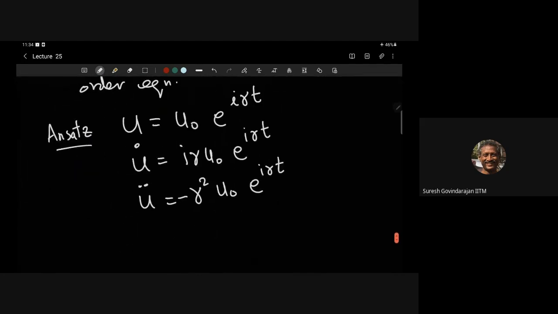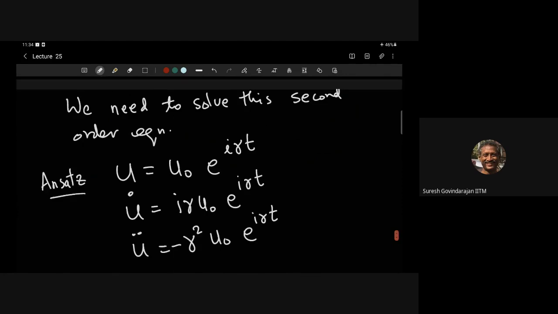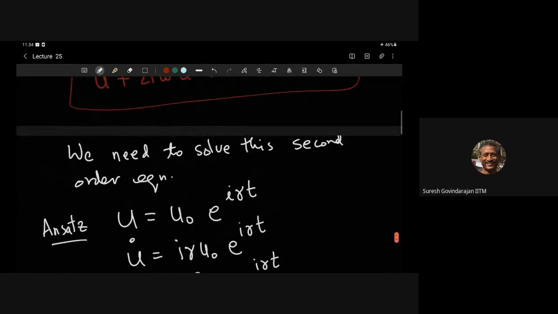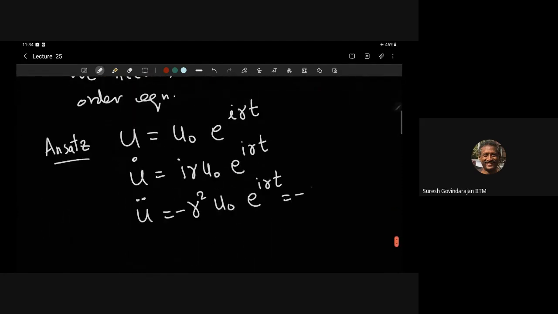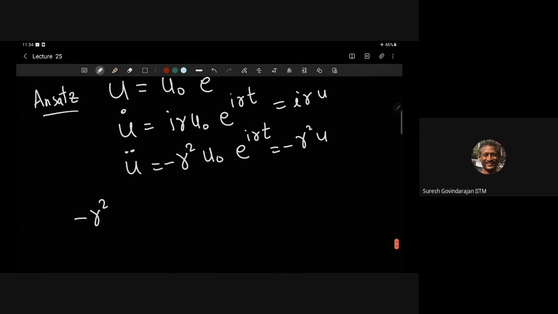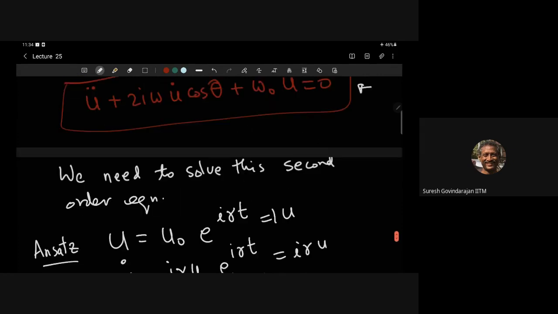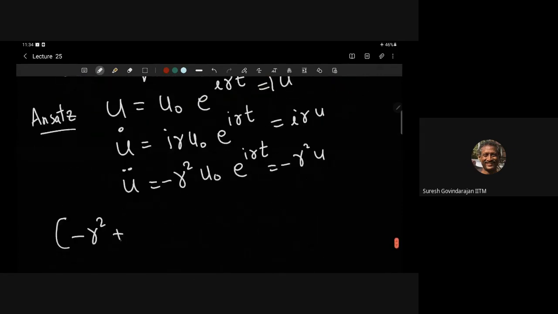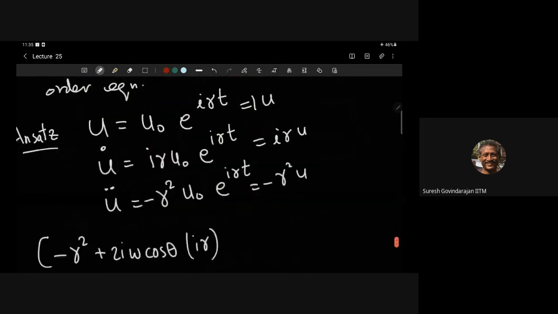Wherever we see U double dot, this is equal to minus gamma square U, U dot is I gamma U, and the last is 1 times U. So U double dot we write as minus gamma square into U, the U dot term as 2I omega into I gamma, and the last one is plus omega naught square.